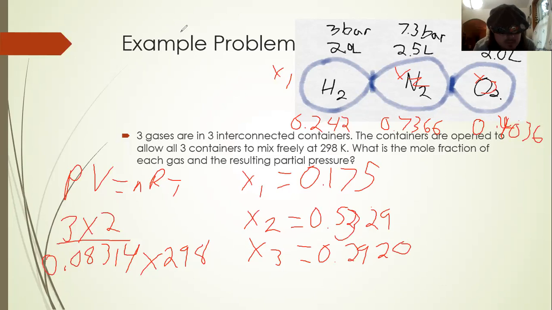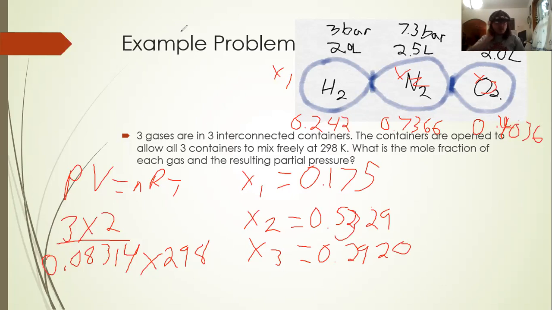Okay. Yeah, that comes up really close to 1. So rounding error. So the chi.